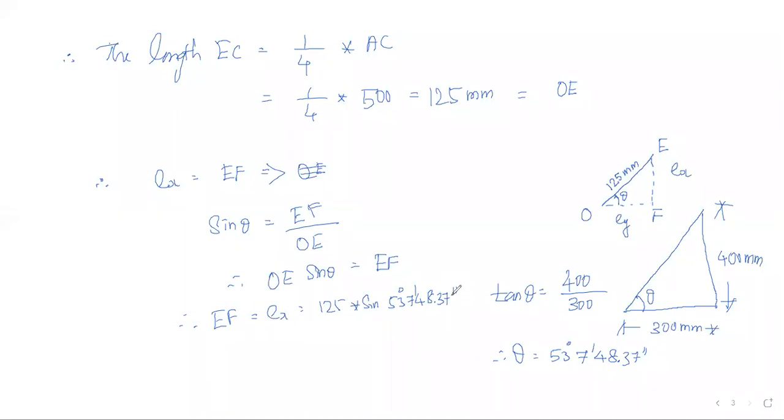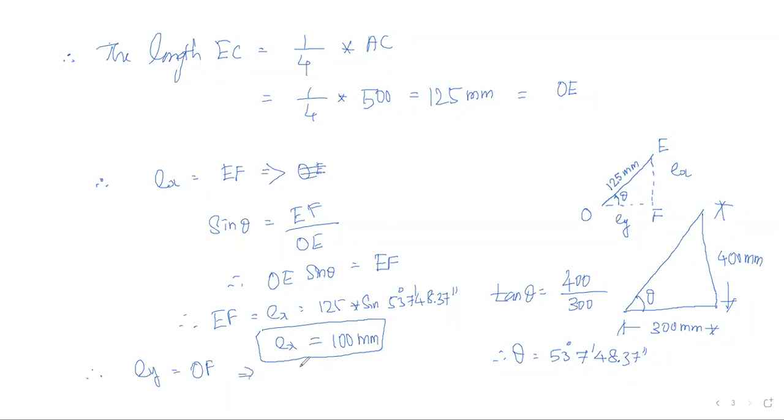Now 125 into sin theta becomes 100 mm. Similarly the distance OF, that is EY, is equal to OF.